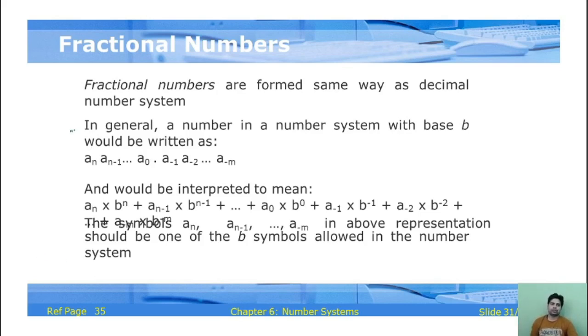In general, a number in a number system with base b would be written as a_n, a_(n-1), ..., a_0, a_(-1), a_(-2), ..., a_(-n), and would be interpreted to mean a_n times b^n, a_(n-1) times b^(n-1), and so on. This is the formula. In the above representation, each digit should be one of the b symbols allowed in the number system.